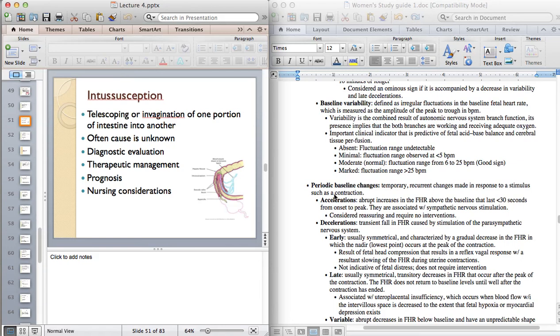I drank the contrast for the CAT scan, and we saw that up to the area where the loop went in, there was no dye, no contrast beyond those points. That's how they were able to figure out what was going on.